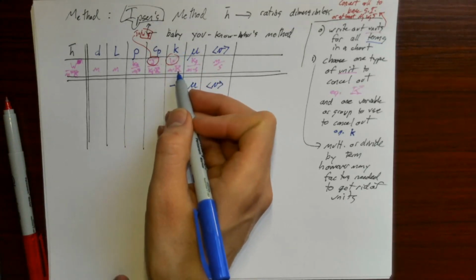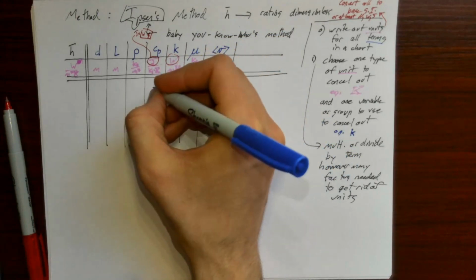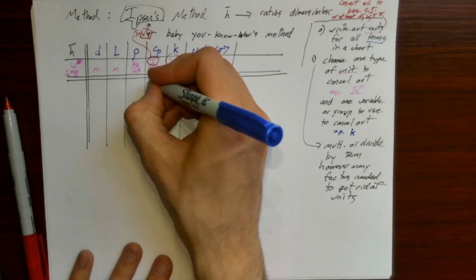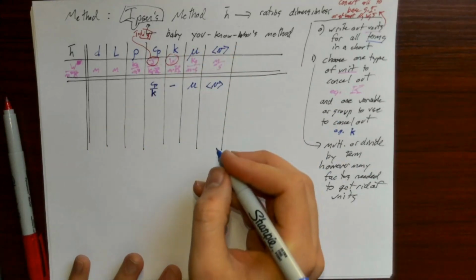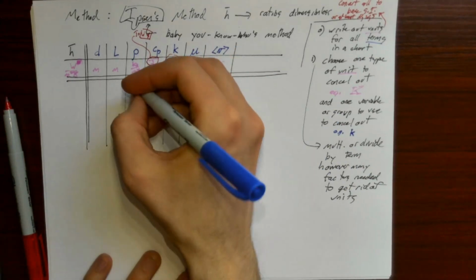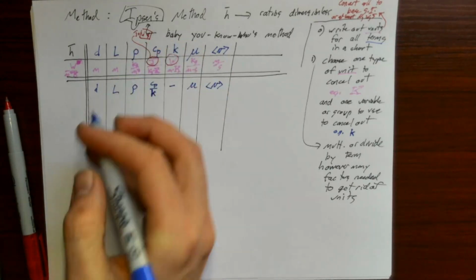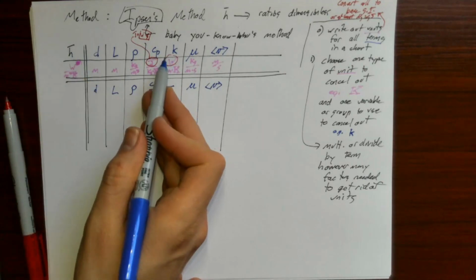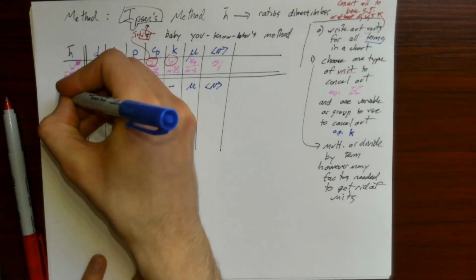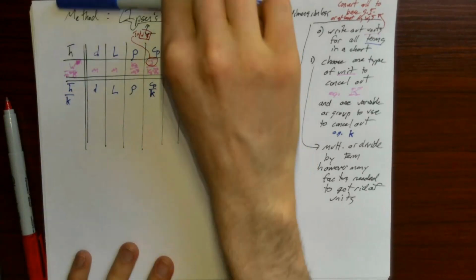K has a Kelvin in the denominator. So I can eliminate kelvins by combining a ratio of these two things. So what is that going to look like? I'm basically now going to have Cp over K. Density doesn't have any Kelvin in it, so that's unaffected, as are D and L. There's a Kelvin in the denominator here, so if I divide h bar by K, then I can eliminate the kelvins from both of these terms.